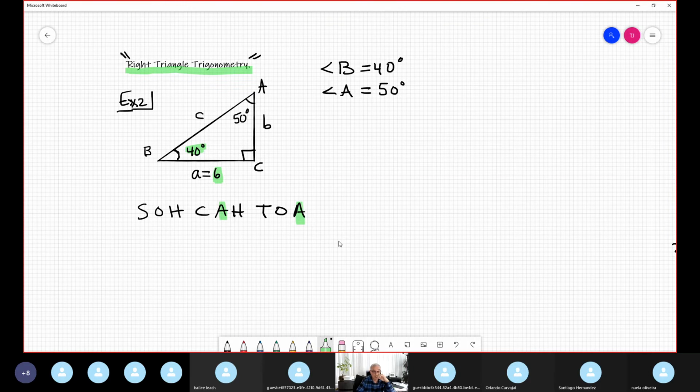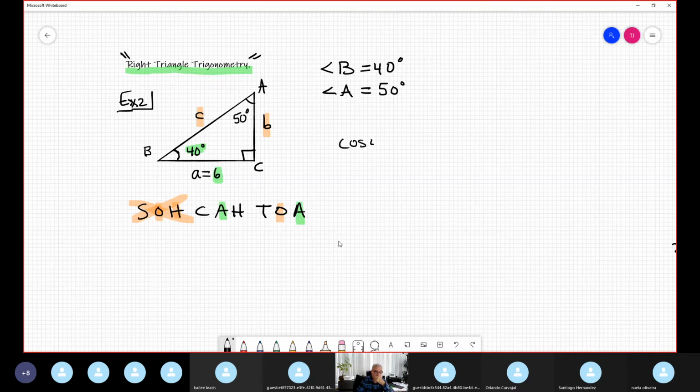I need to find B, of course, and C. B is opposite, C is hypotenuse. You discard the sine. Sine does not apply in this example. We apply cosine to find the hypotenuse and tangent to find the opposite. More clear now? Yes.